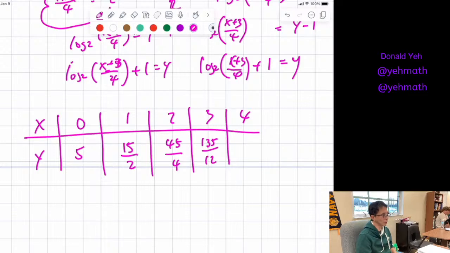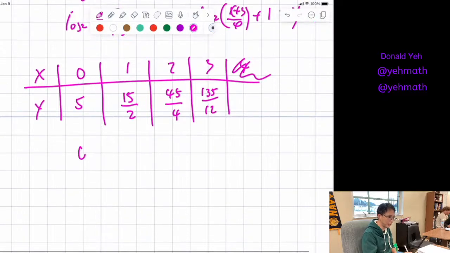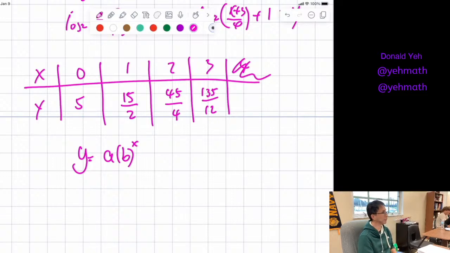Okay, so if I have this function like this, and then I say, hey, can you make this function? This is called an exponential function. Can I make an exponential function out of here?